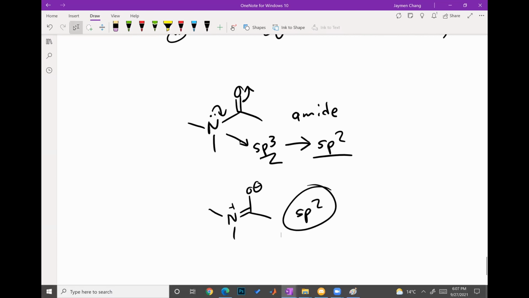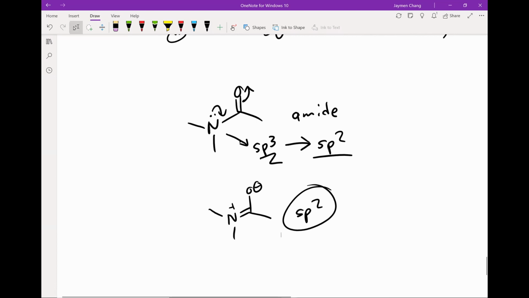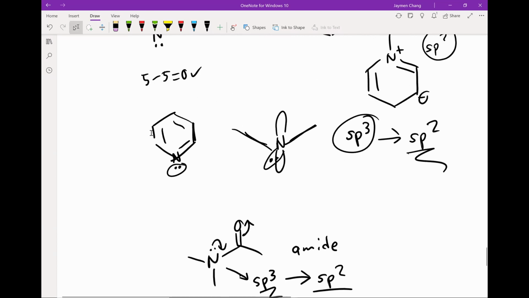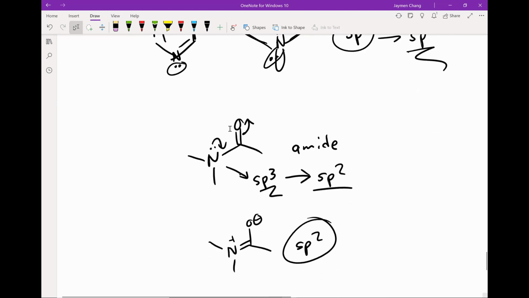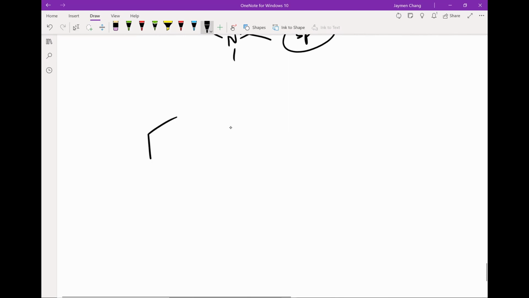Okay, so whenever you're working with figuring out aromaticity, watch out for this sort of localization or delocalization of electrons. But straight off the bat, we're going to count here. Is this aromatic? The answer is going to be yes. Why is it aromatic? Well, let's just go through our rules.